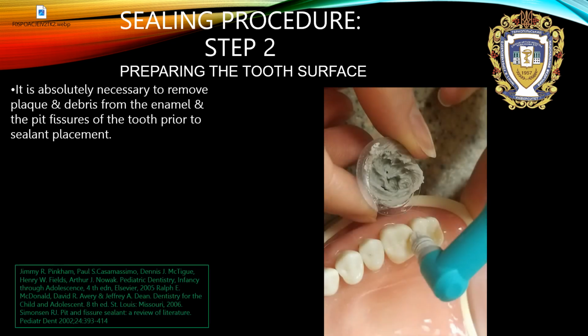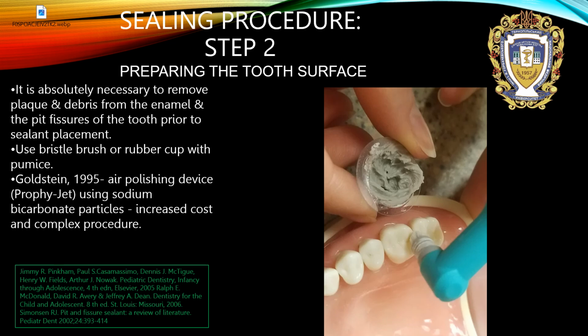It is absolutely necessary to remove plaque and debris from the enamel and the pit and fissures of the tooth prior to sealant placement. We can use a bristle brush or a rubber cup with pumice. But Goldstein in 1995 proposed an air polishing device, Prophy-Jet, using sodium bicarbonate particles to clean the tooth surface.